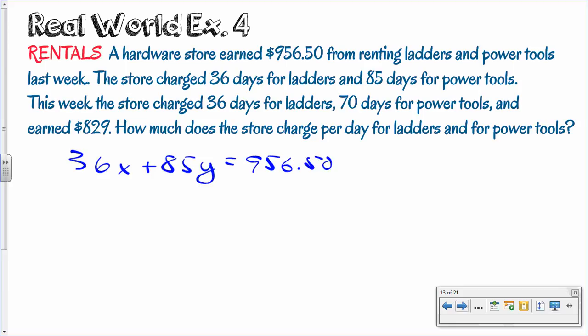Okay, and this week it's going to be what? 36. Okay, which one do I need to modify here? The bottom one.